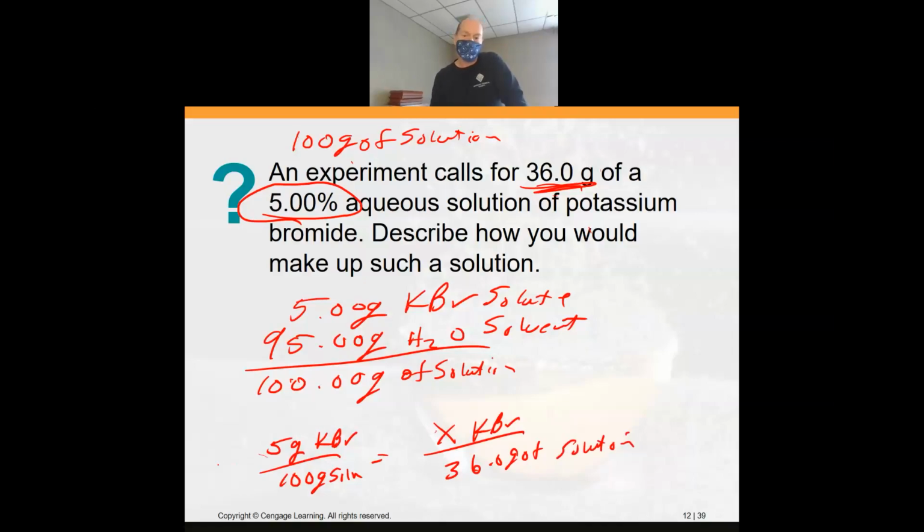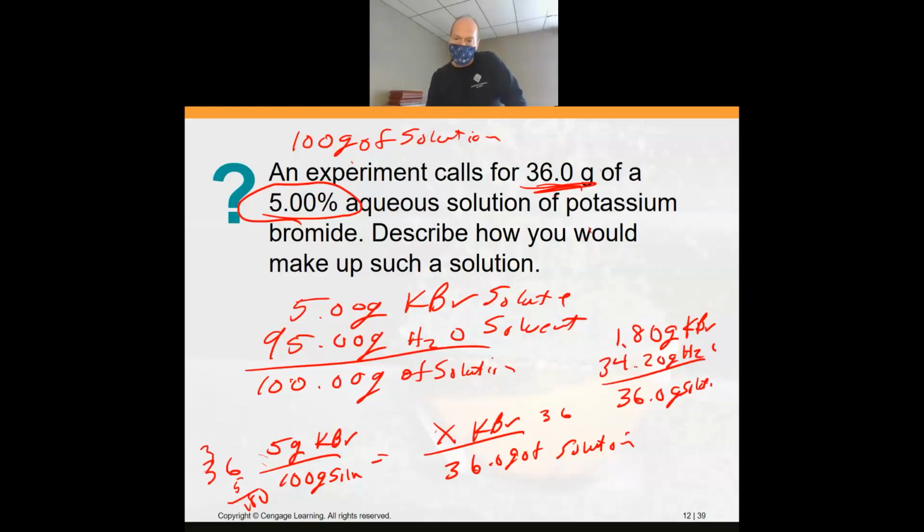We simply multiply both sides by 36, and we need 1.80 grams of KBr, and then it has to add up to 36 grams of solution. So that means we need 34.20 grams of water.